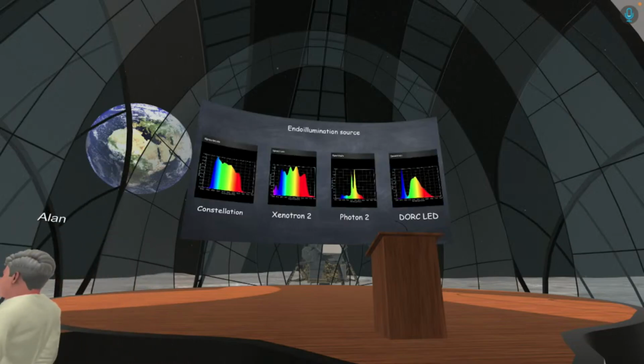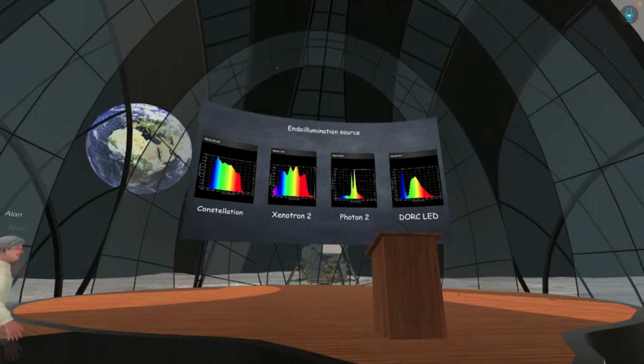So when I started to play with my attempts to achieve fluorescein angiography, the first thing that came to my mind was what type of endoillumination source I need to use in order to utilize maximally the wavelength that I need, which is basically between 475 nanometers and 495 nanometers.